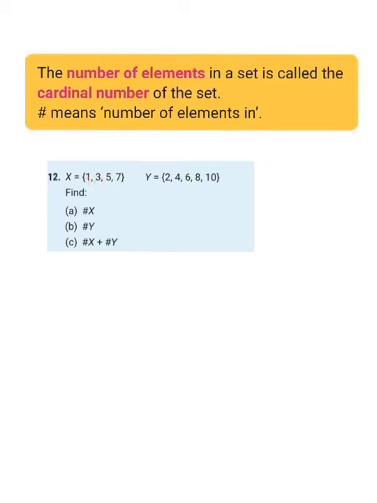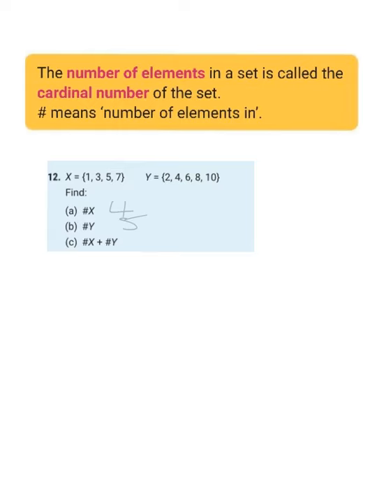So then the cardinal number of X would be 4. Looking then at Y, so this hashtag Y means what is the cardinal number of Y. So the cardinal number means you must count the elements in Y. So you go up to Y and you see you have 1, 2, 3, 4, 5 elements. So the cardinal number of Y is 5.